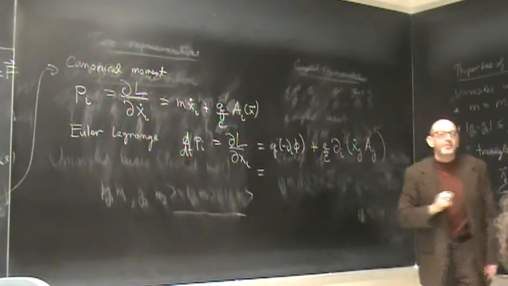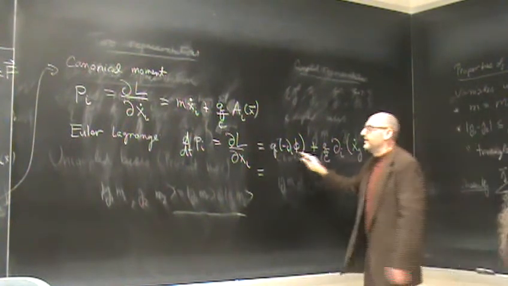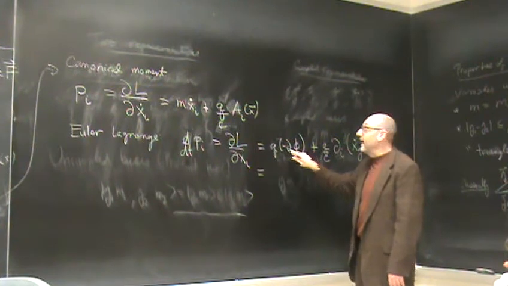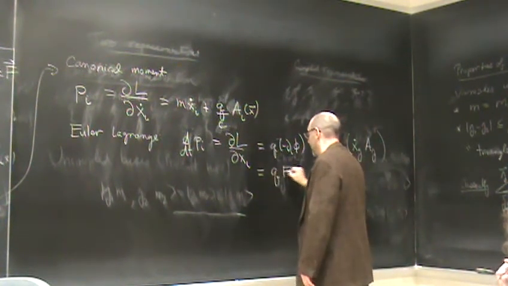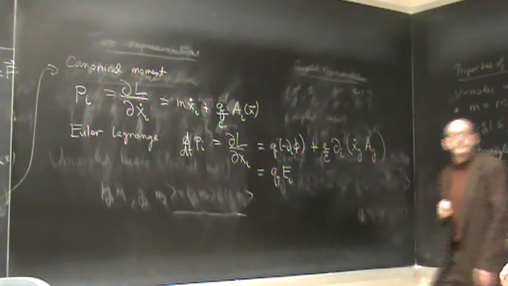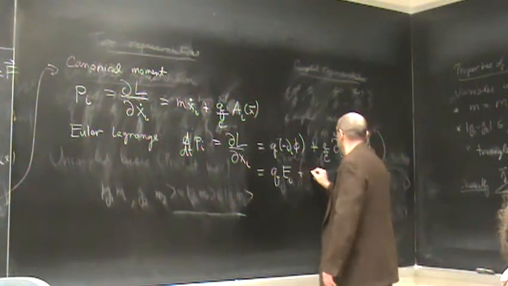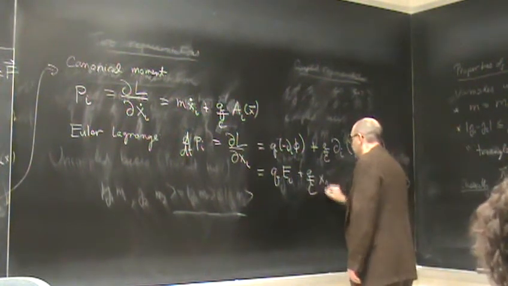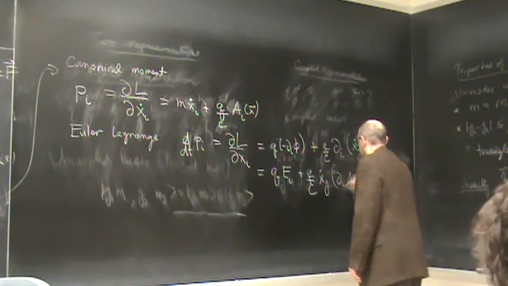So now let me show you why that must be true. This is minus the gradient of the potential, which is what? The electric field. So this is E sub i. And what about this? Well, this is Q over c x dot j times this tensor.